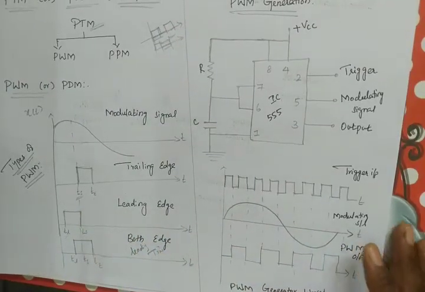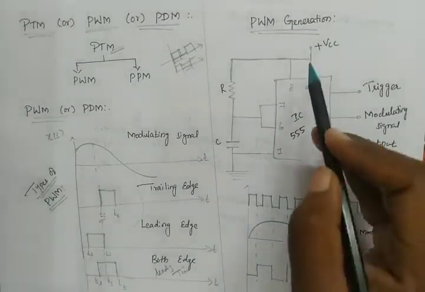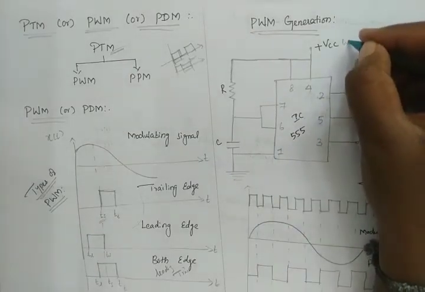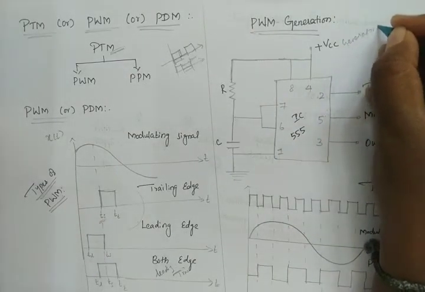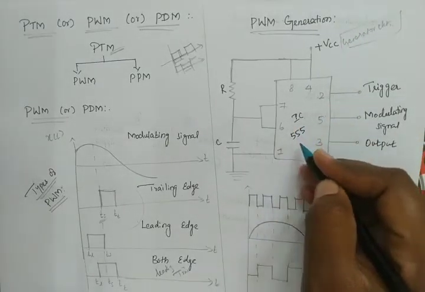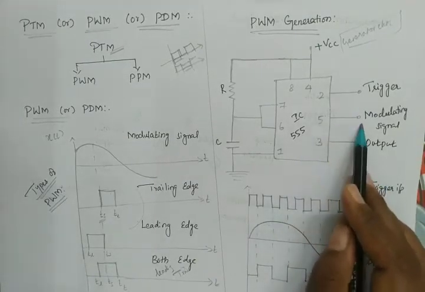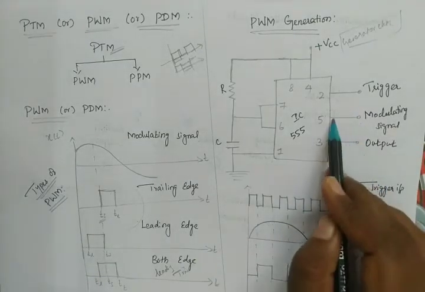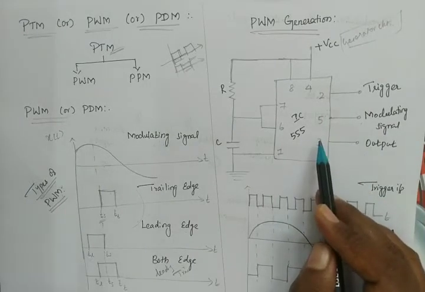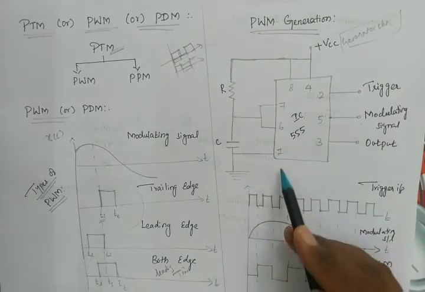Now let us move on to the generation of pulse width modulation. Listen, this is the PWM generator circuit. This can be made by using IC555. Here we have trigger input, modulating signal, and output, and this modulating signal is given to the control input voltage, because you may know about the IC555 pin configuration.